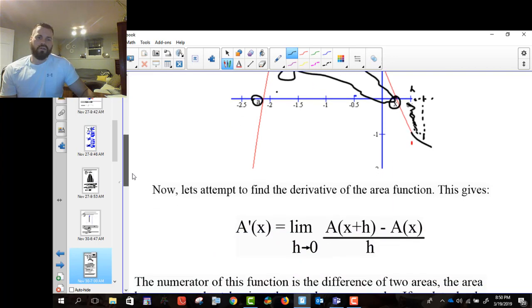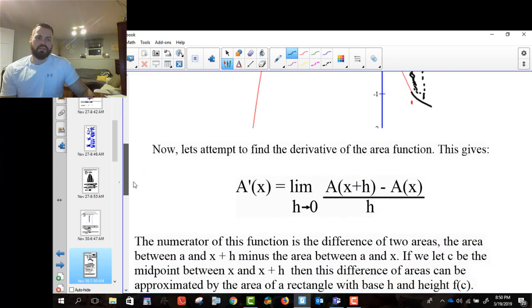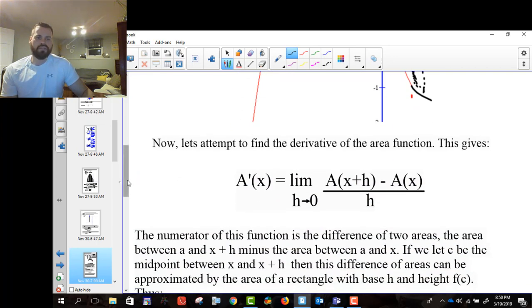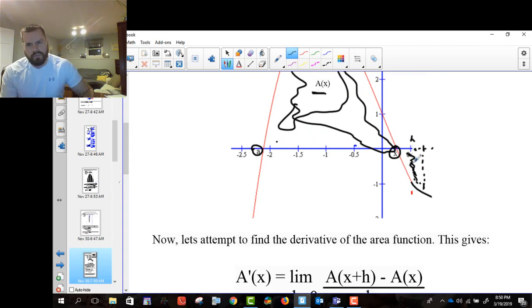And what we're going to do is imagine that c is the midpoint between x and x plus h. So imagine that we put c, if that's h right there, I'll move the h over because it looks like h is in the middle instead of at the end.